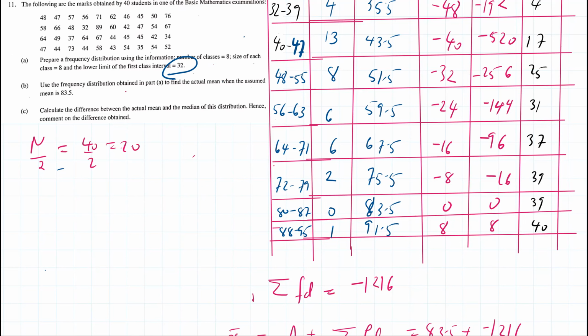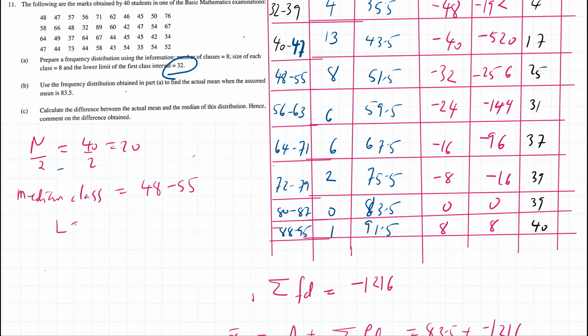So the median class is going to be 48 to 55.